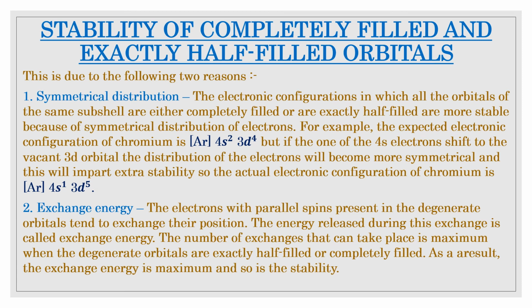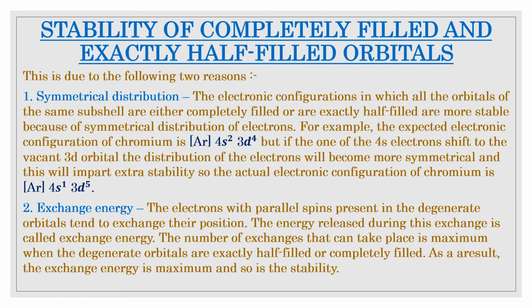The first electron can exchange its position with the rest of the 4, so 4 exchanges for 1 electron. The second electron can exchange its position with the rest of the 3 electrons, the 3rd, 4th and 5th. So 3 exchanges with the second electron.